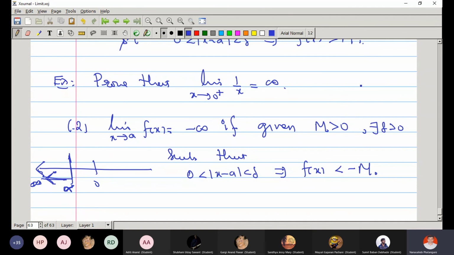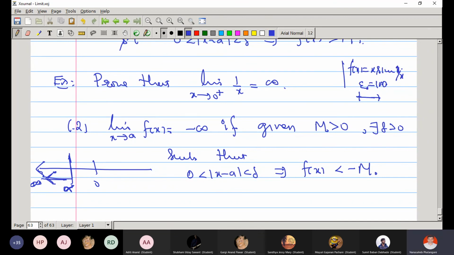For example, in case of f of x is equal to x sine 1 by x, if I take epsilon equal to 100, in this neighborhood there is no question of limit, because whatever delta you select, f of x minus 0 is less than 100, that happens for sine 1 by x.